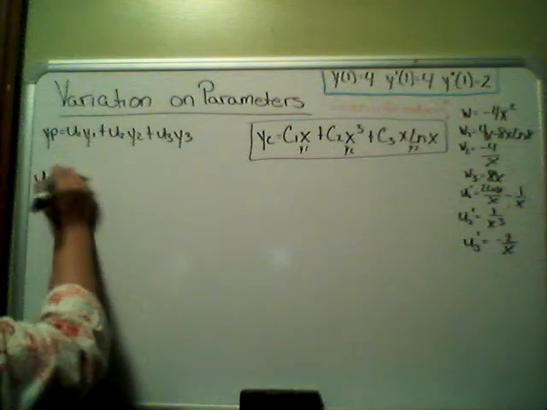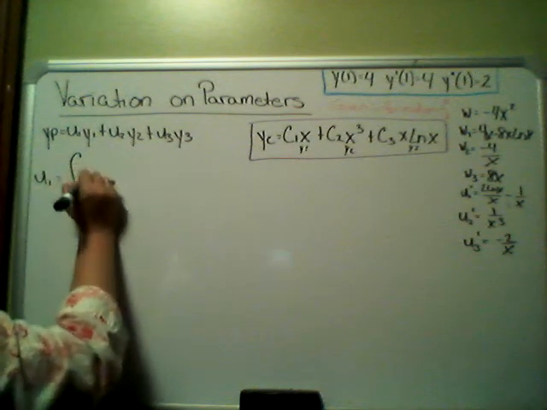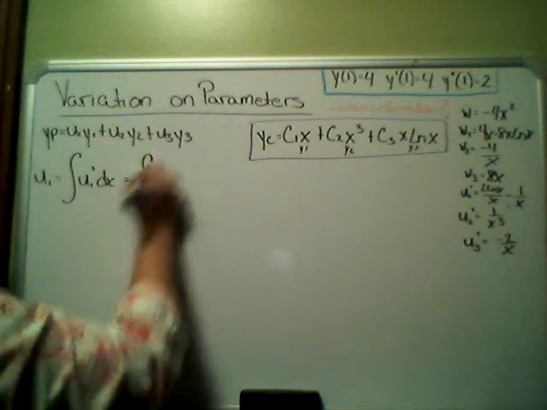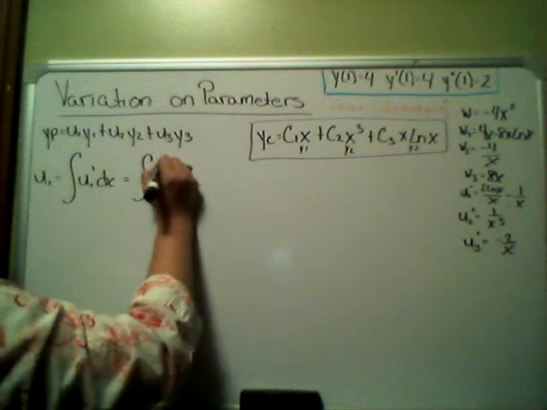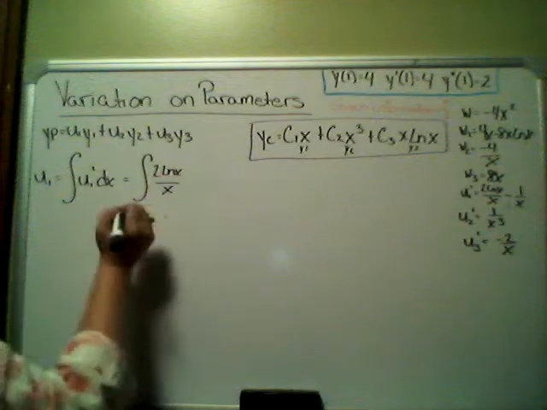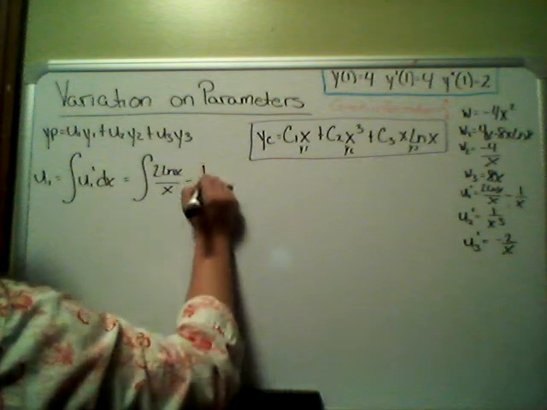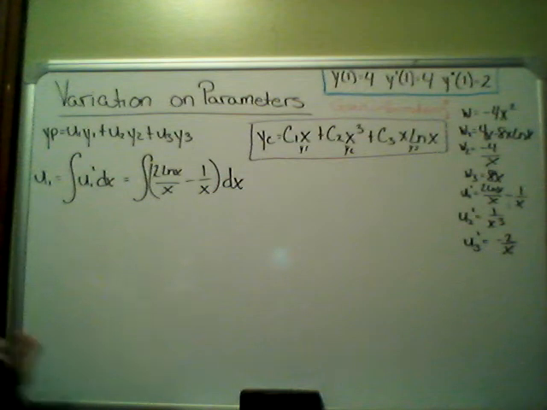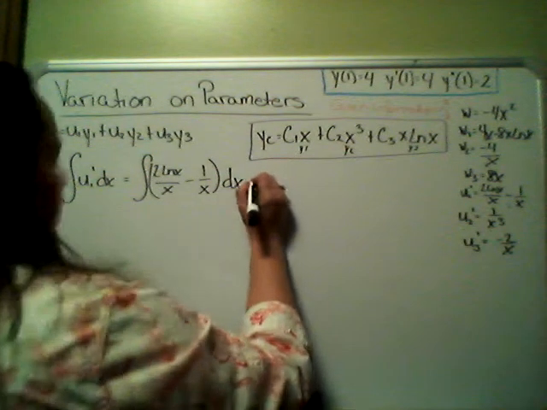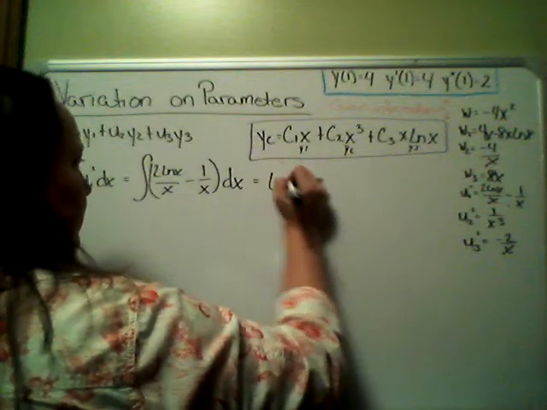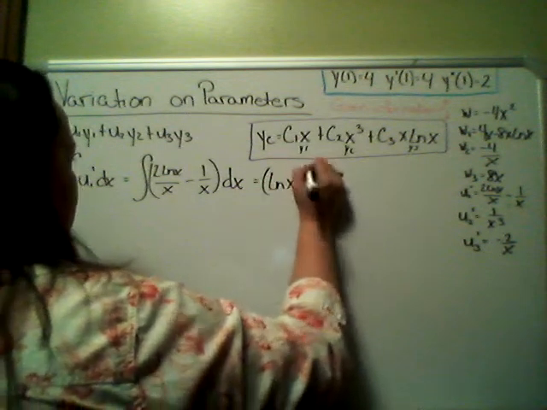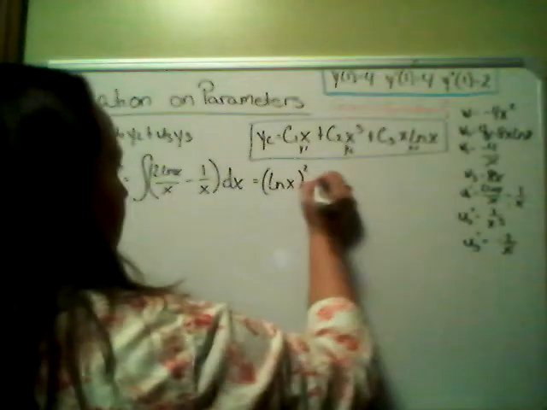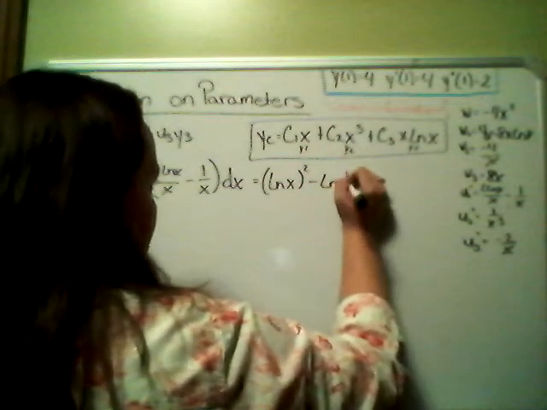So u1 is going to equal the integral of u1 prime dx, which is going to equal the integral of 2 ln x over x minus 1 over x dx, which is ln of x squared, which you can do with a u sub, but I feel like we should all know how to do that by now, minus ln absolute value of x.